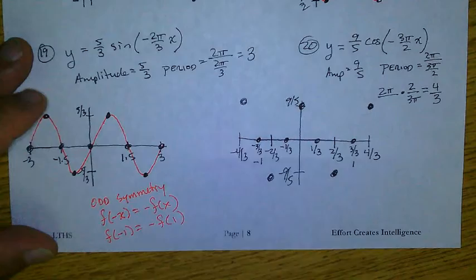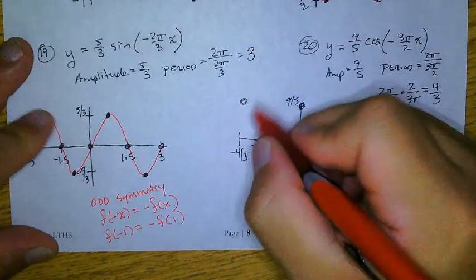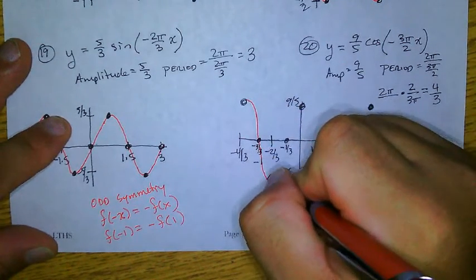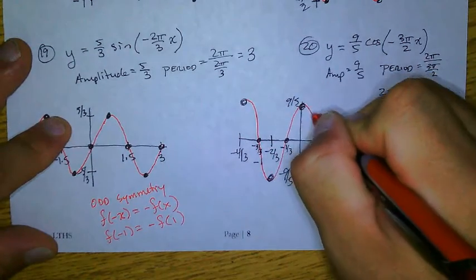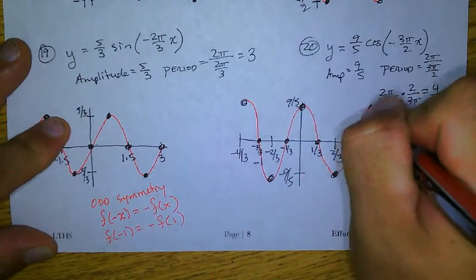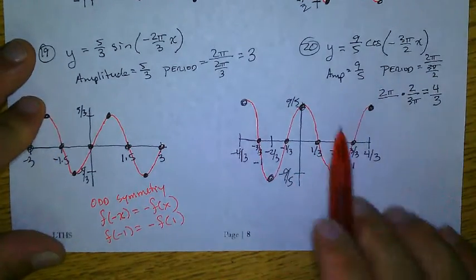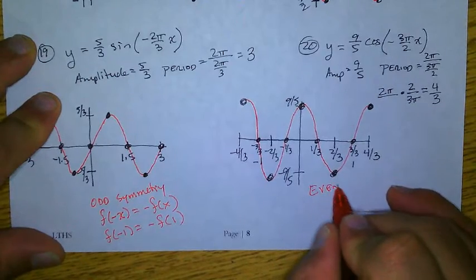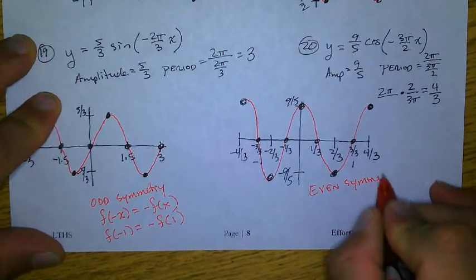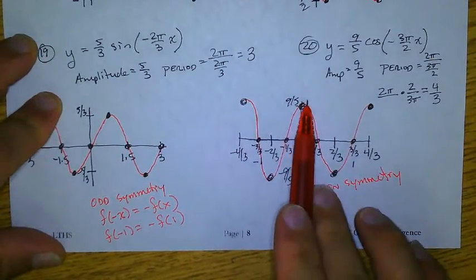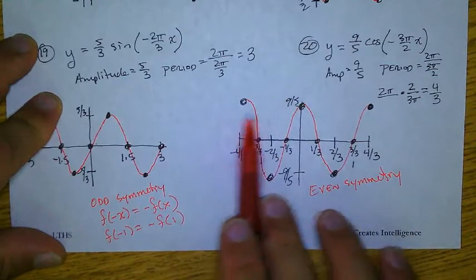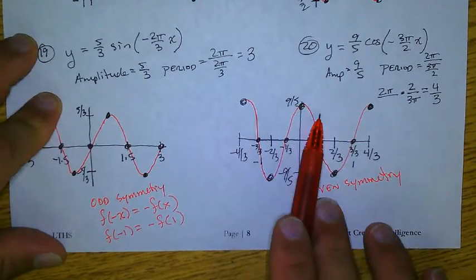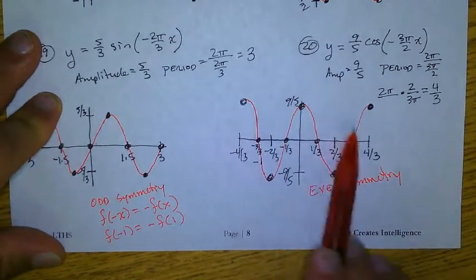And I can come in here and draw my graph. So here I go, drawing the graph. And notice that for the cosine function, I have even symmetry. I have symmetry across the y-axis, right? This side of the graph looks the same as that side of the graph. This is Santa's reindeer's graph.